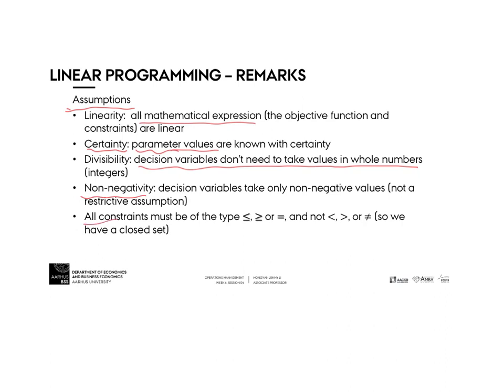And all the constraints must be of the type greater than or equal to, less than or equal to, or sometimes not equal to. When you have strict relationships, then you do not have a closed set, and we actually cannot find an optimal solution. So remember, we don't consider that here.